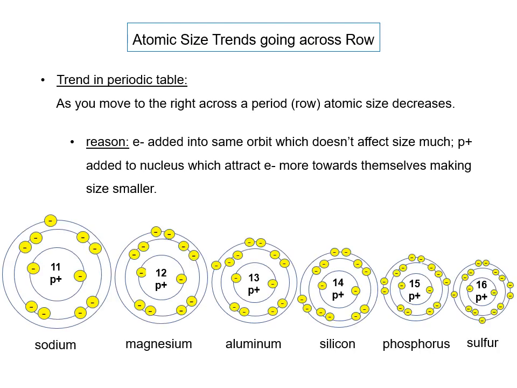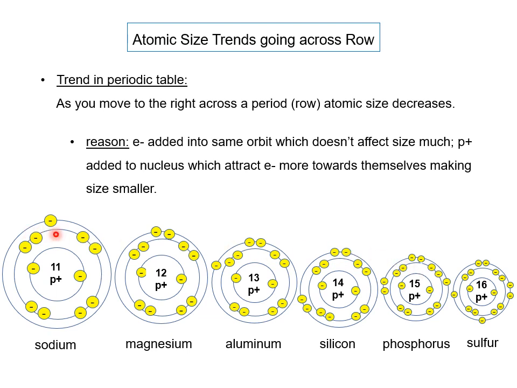So here's a diagram to show that. Notice that each of these has 3 shells. Here's n equals 1, n equals 2, n equals 3, and that's true for all of them going across. The difference is that as I go across, from sodium to magnesium, sodium has 1 electron in the last shell, magnesium has 2, aluminum 3, silicon 4, and so forth.